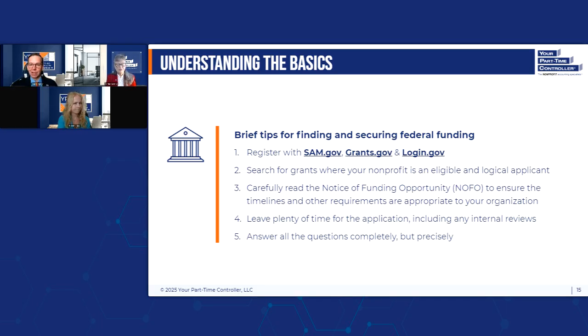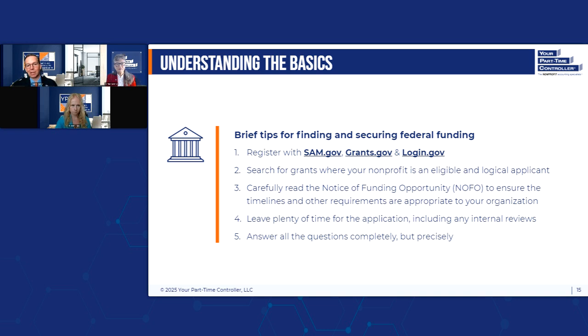So again, today, super brief, but when you're looking to find and secure a federal award of some sort, there's a lot of common sense involved. First, you can't apply if you're not registered. So take care of that on the various free government websites: sam.gov, grants.gov, login.gov. Once you're registered, you can start searching for grants.